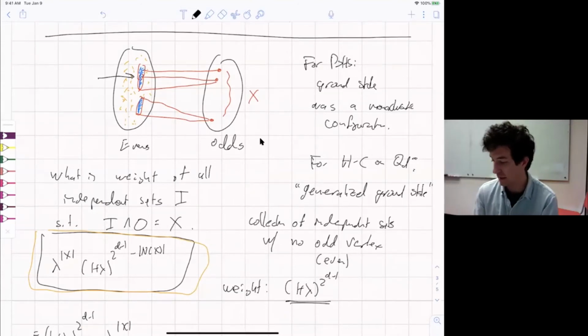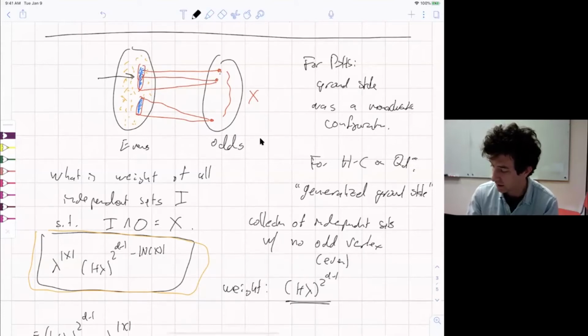Okay, but that's actually fine. So what is it going to factorize over? It's going to factorize over components of X that are 2-linked. We say these vertices are 2-linked because their neighborhoods overlap.